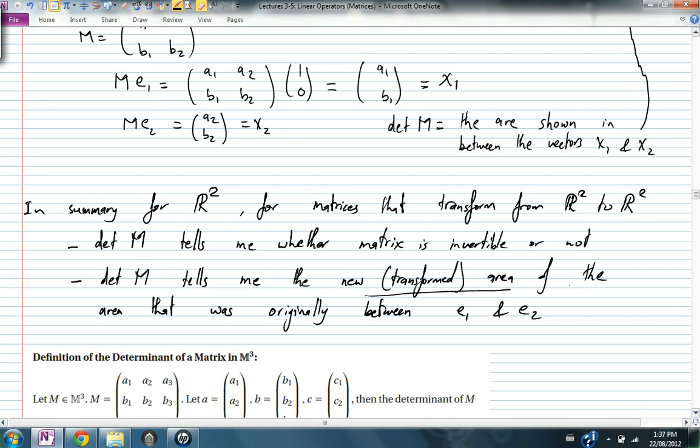It shows the new transformed area of the square, because it was originally a square.